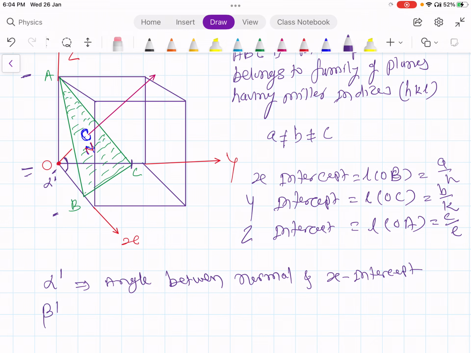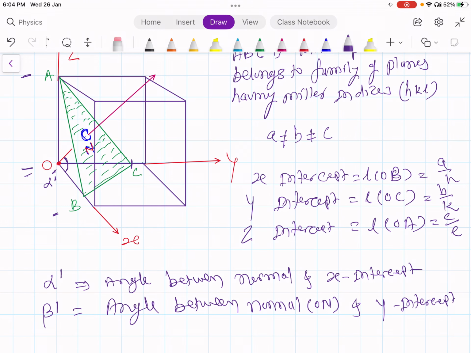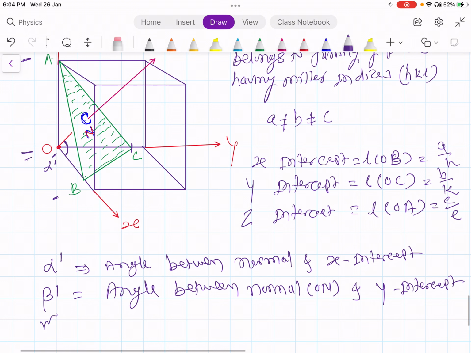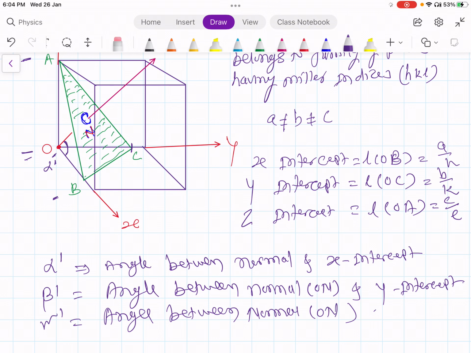Let's say beta dash is the angle between the normal, normal is OM, and the y-intercept or y-axis. Similarly, gamma dash is the angle between the normal OM and the z-intercept or z-axis.